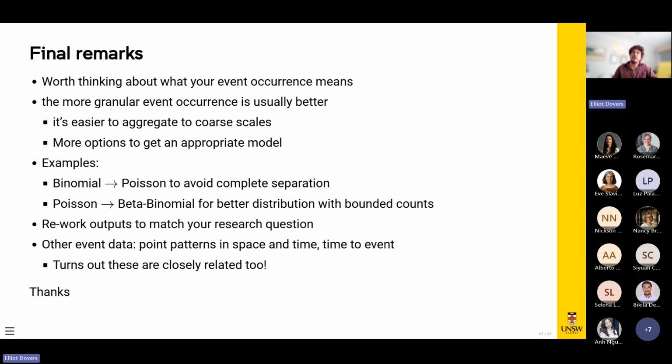And yeah, again, I didn't really mean this to be a definitive way to approach any of these problems, but really just to get you thinking a little bit more about how these event data are related and how you might be able to flexibly analyze them.